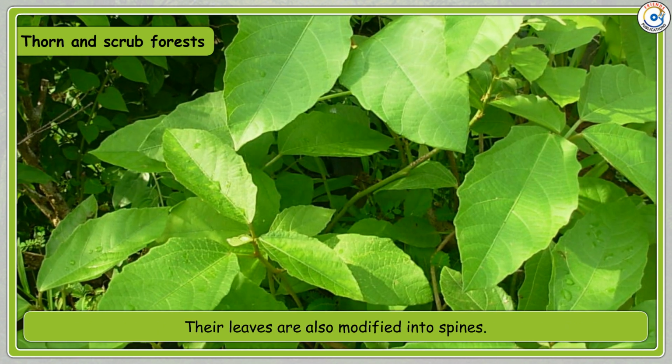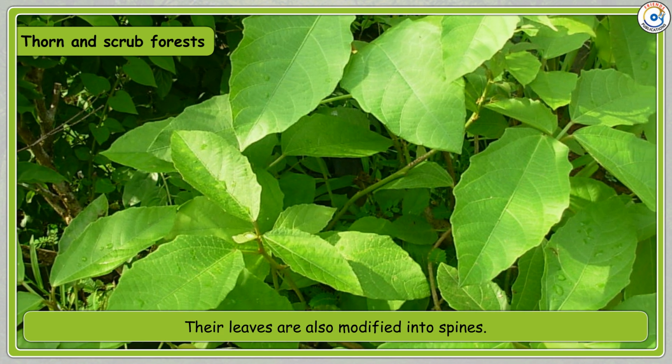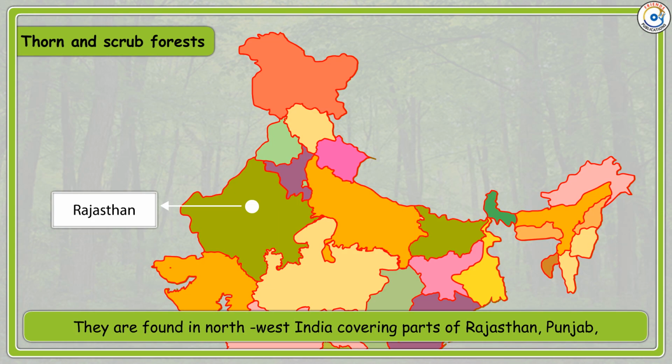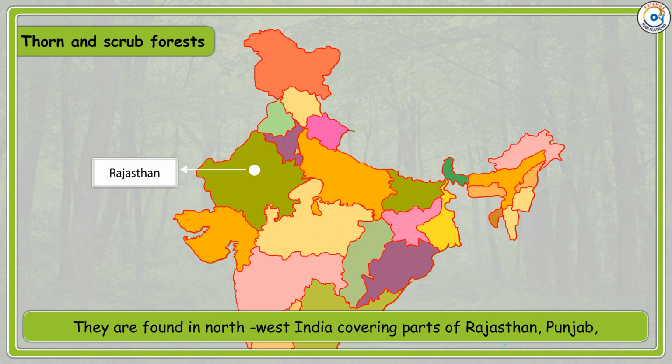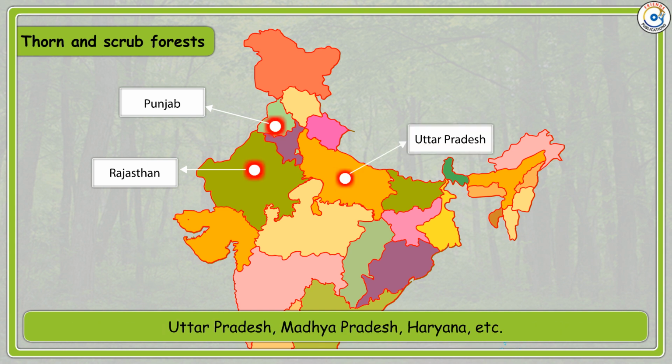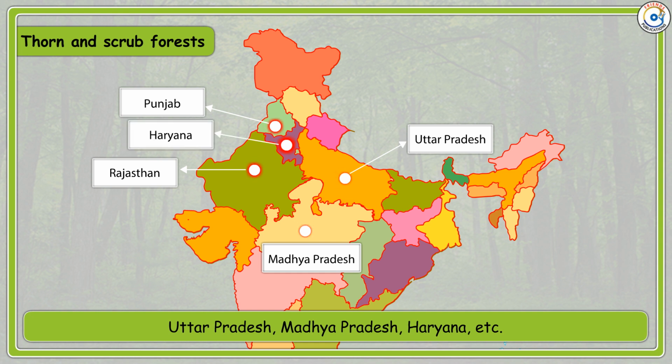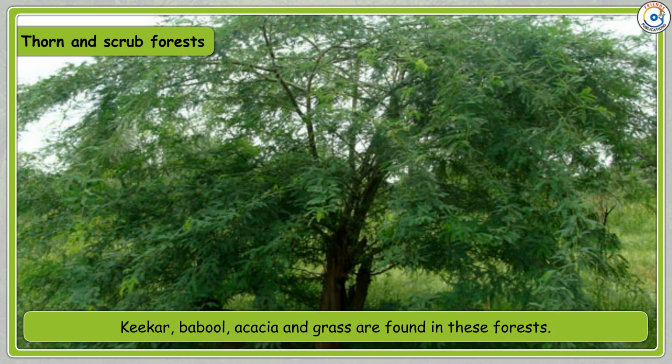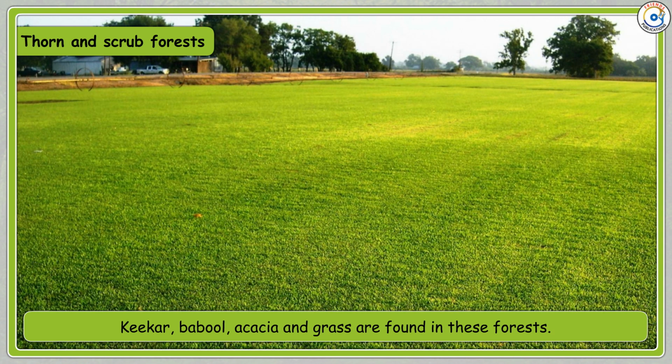Their leaves are also modified into spines. They are found in northwest India, covering parts of Rajasthan, Punjab, Uttar Pradesh, Madhya Pradesh, Haryana, etc. Kikar, babool, acacia, and grass are found in these forests.